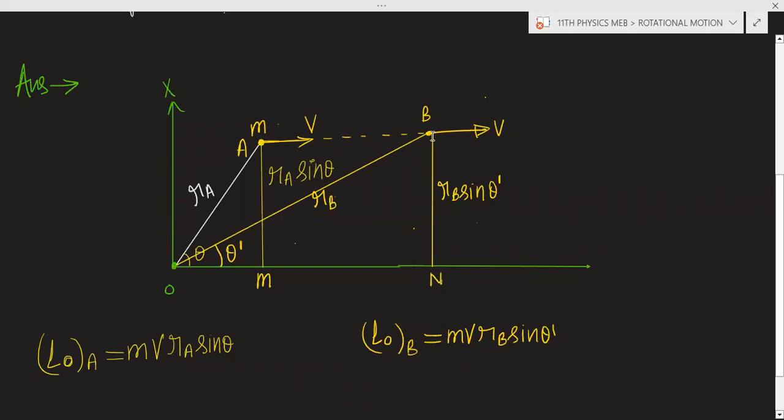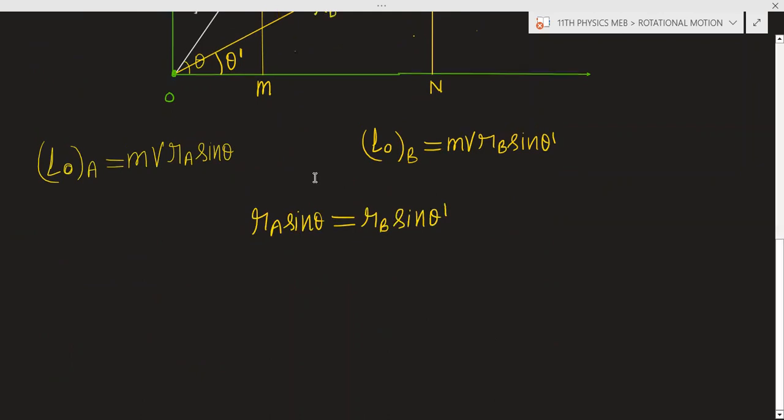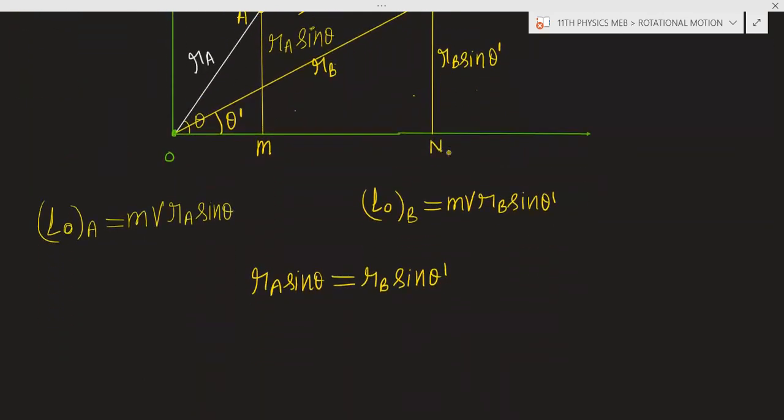AM is the y coordinate here, and it will never change because the particle is moving parallel to the x-axis. If the particle moves parallel to the y-axis, then the x coordinate will never change. So RB sine theta dash is equal to RA sine theta, because the particle is moving parallel to the x-axis.